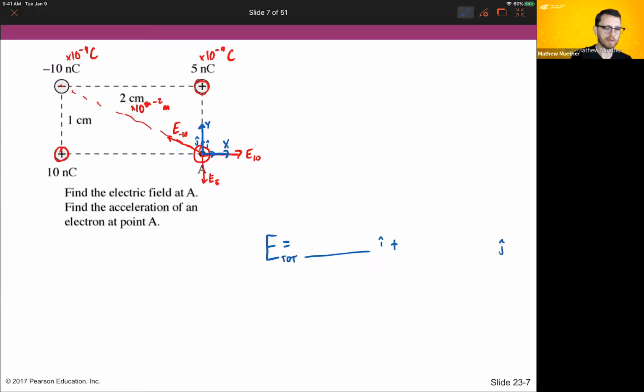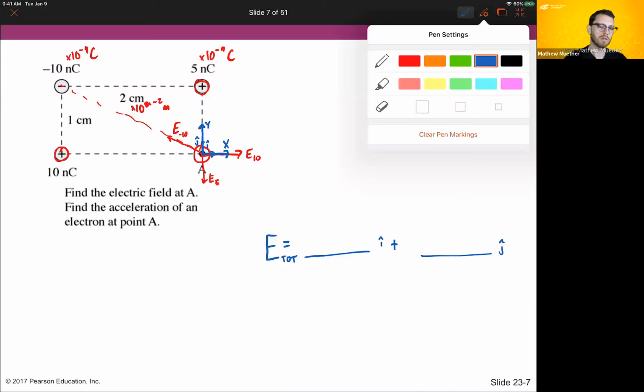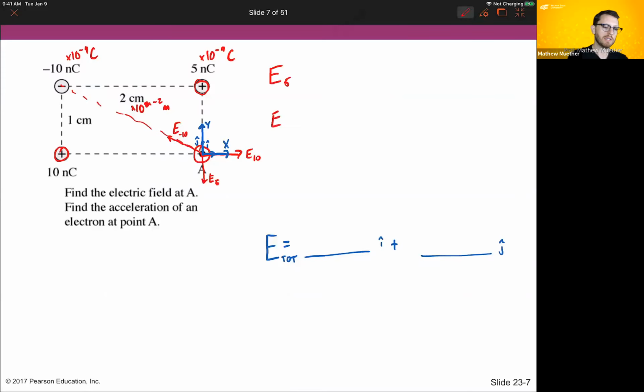I want to find these components. How am I going to find those components from the vectors we've drawn? We drew a sketch of what the electric fields look like from those individual charges, and we want to do the vector sum, so I need to find the vector component notation for E5, E10, and E minus 10.